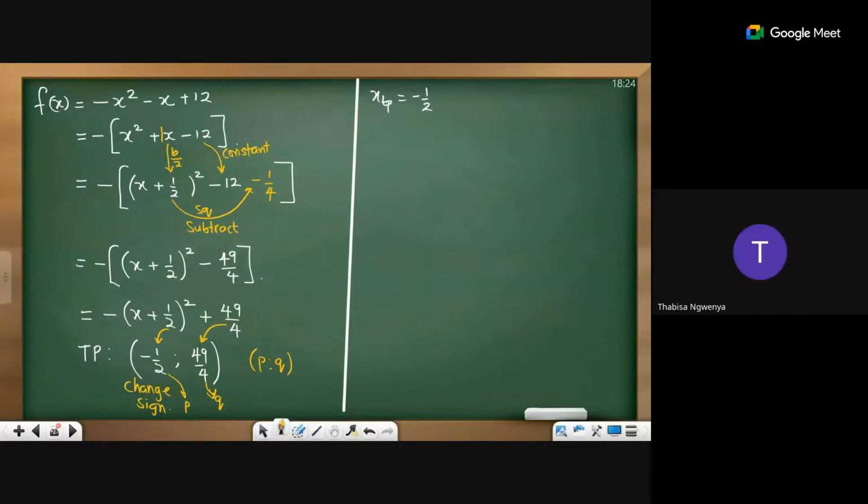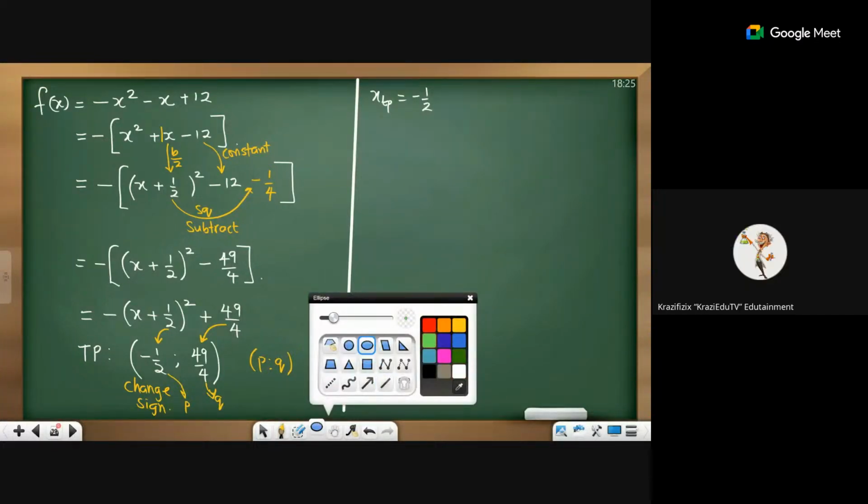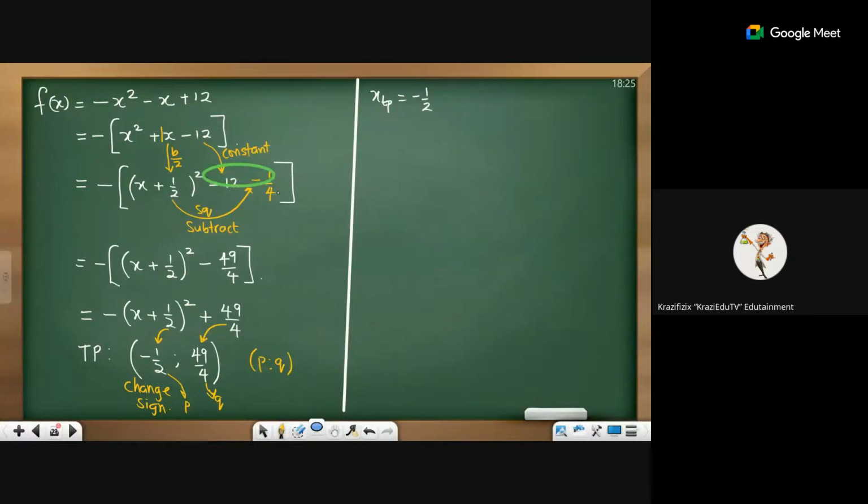Because when I calculate on my side, I get 48 instead. Sorry, say that again, Mbali. Okay, let me circle something here. Maybe you are not putting the negative, this whole thing. Yes, put it on your calculator.